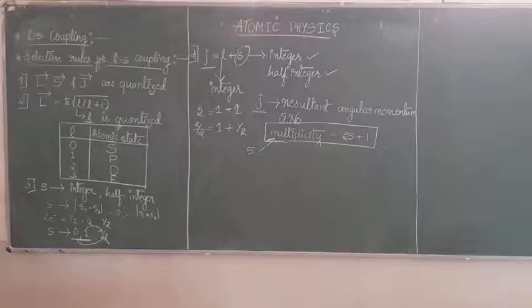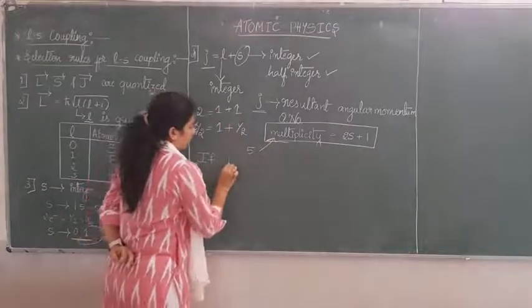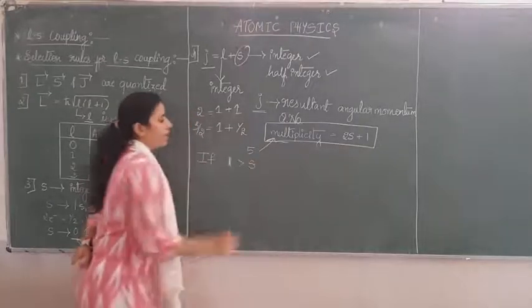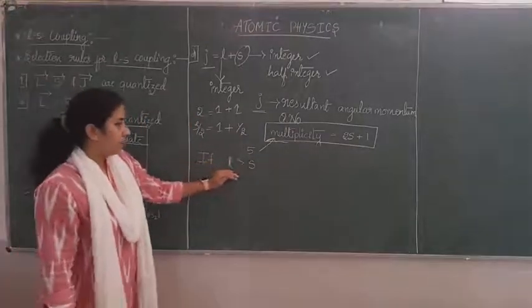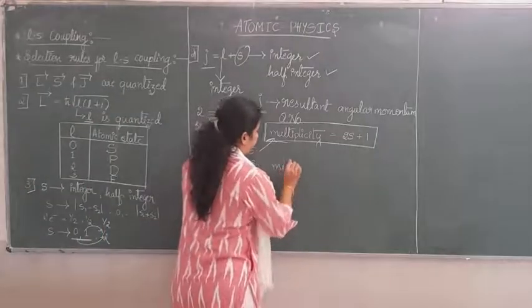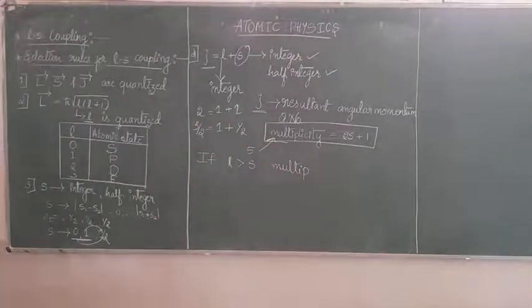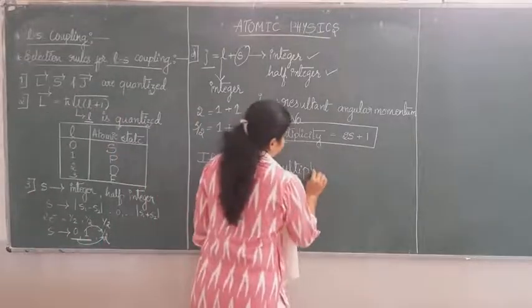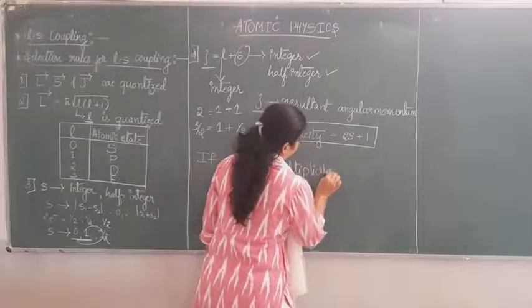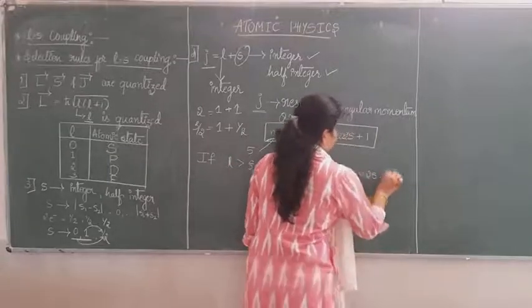So there are a few restrictions to take either 2S plus 1 or 2L plus 1. If L is greater than S, the spin quantum number, then the multiplicity of J will be 2S plus 1.